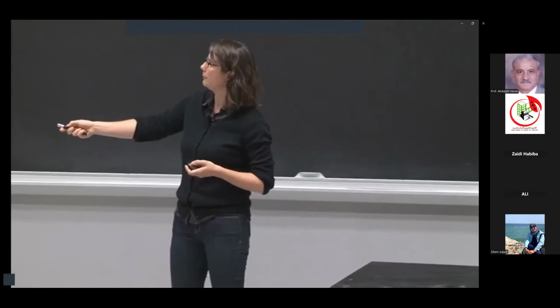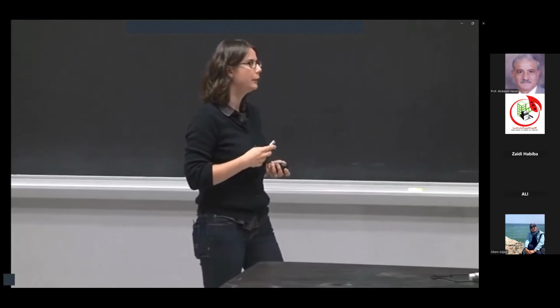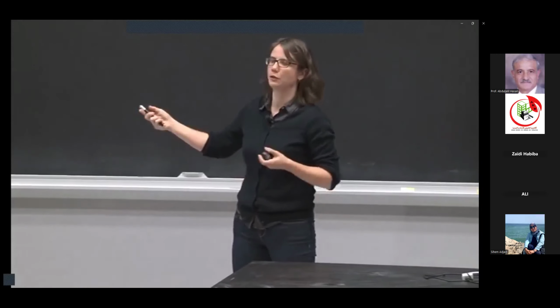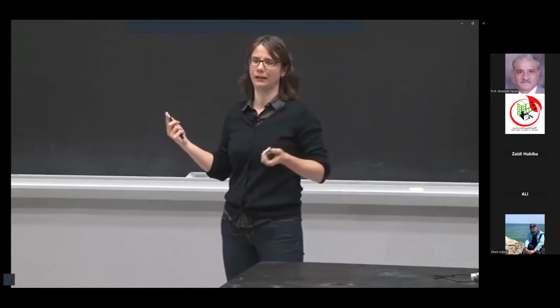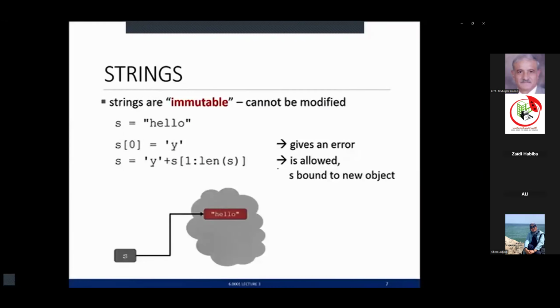If you want the variable S to point to the string yello, you could just say S is equal to yello, or you could do string operations like this, and this takes the y and concatenates it to the string S, all of the elements starting from position 1, which is ello. So this makes yello.